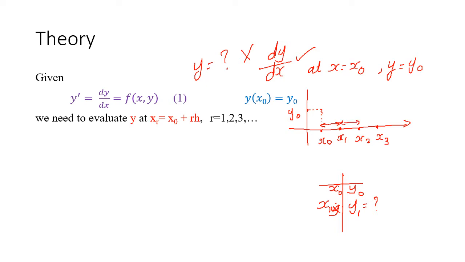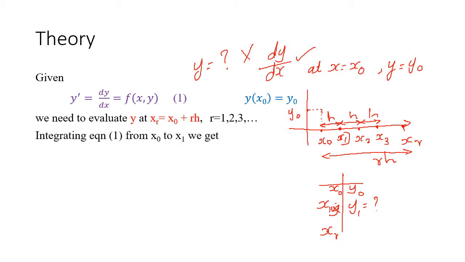All these points are h away from the adjacent point. x1 is 1h away from x0, x2 is 2h away from x0, and x3 is 3h away from x0. In general, we have to calculate the value of the function at some arbitrary point xr, which is rh away from x0. So this is the problem.